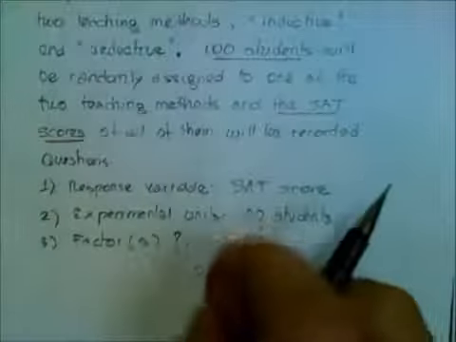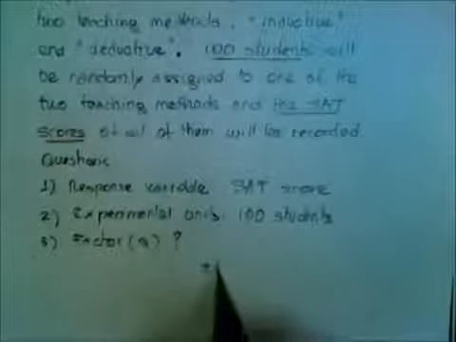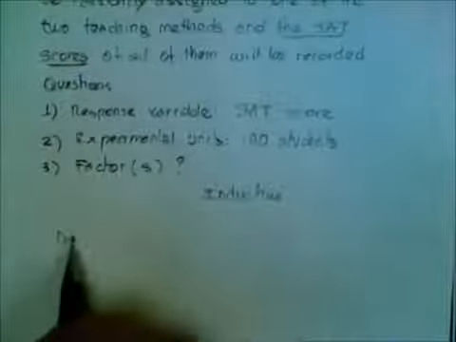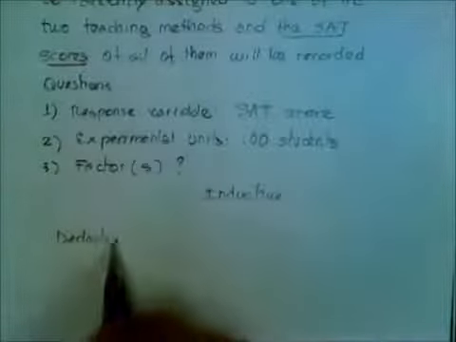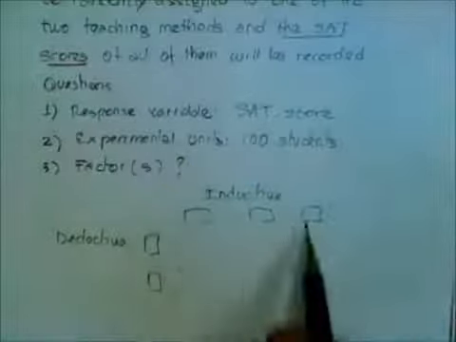Now, if you are one of those who thought that we have two factors, inductive and deductive, then ask yourself, if inductive is a factor and deductive is a factor, then that means that this should have levels, and this should have levels also, right? So what are the levels of this factor?